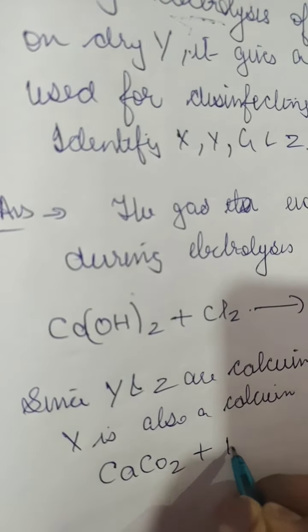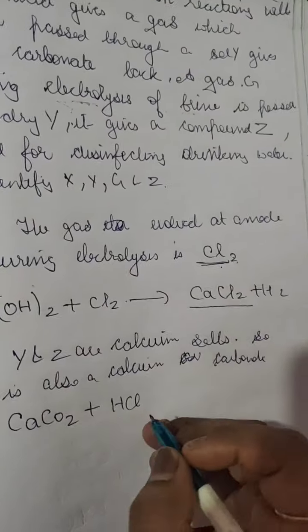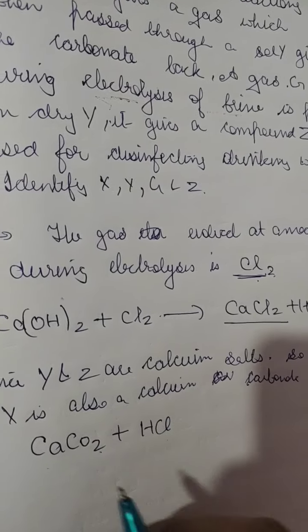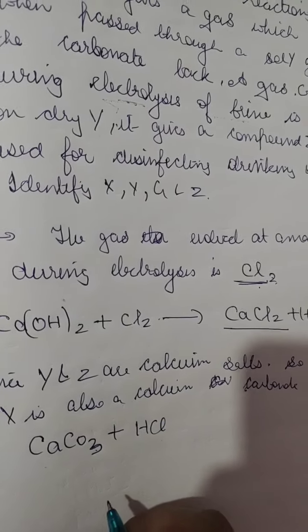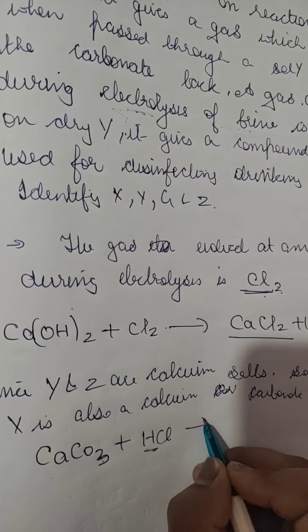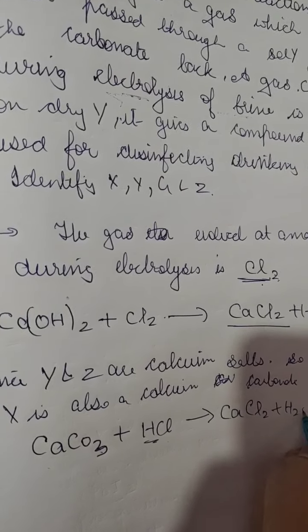CaCO3 when reacting with HCl, the first was a metal carbonate, because this is a calcium carbonate. CaCO3 is calcium carbonate. It reacts with acid, it gives calcium chloride and H2O.